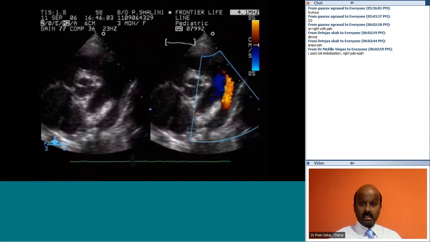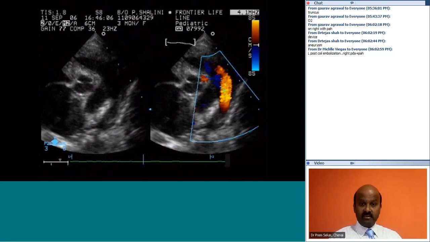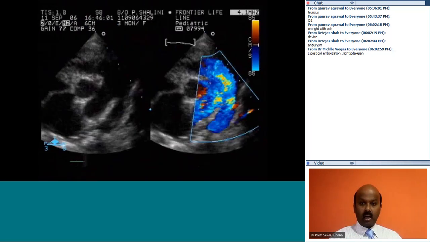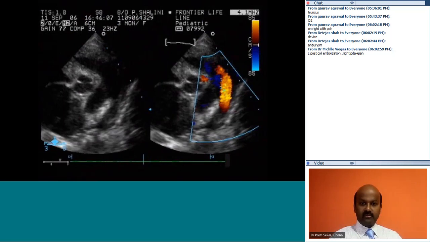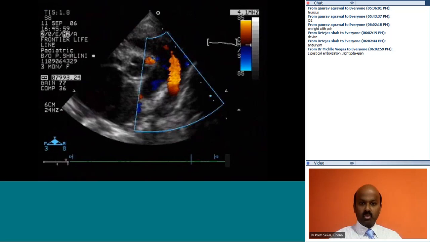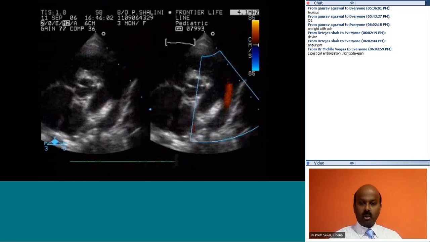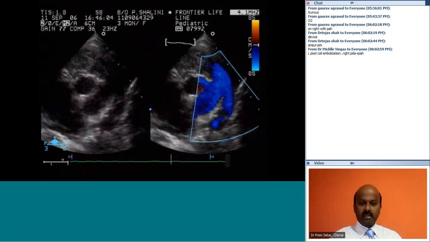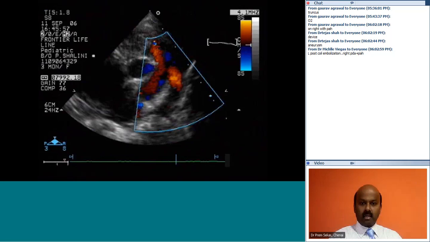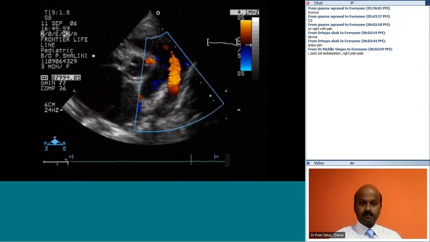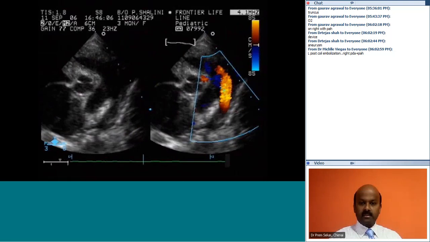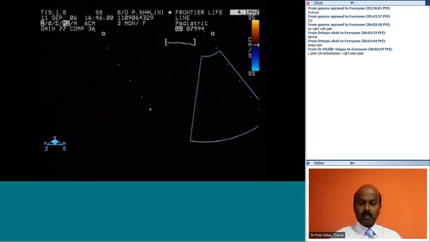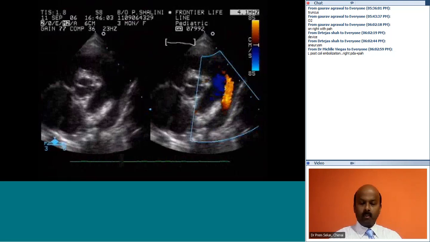However, in this case, the ductus is quite large, and if you notice the flow, you'd find that it's fairly smooth laminar flow with not much turbulence, suggesting that the duct is not too restrictive, which again goes on to suggest that this is a child with a large shunt, a chronic pulmonary overload situation with moderate to severe pulmonary hypertension.